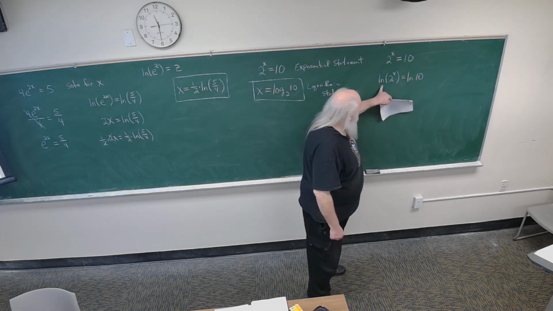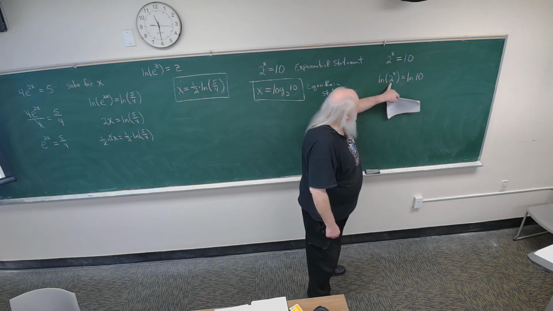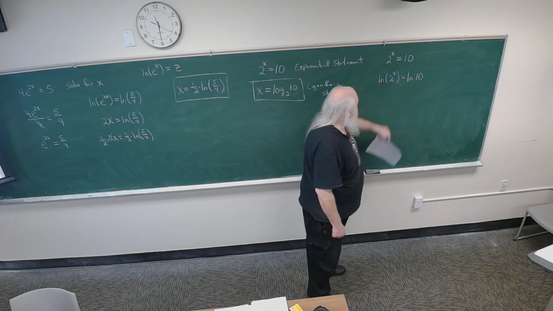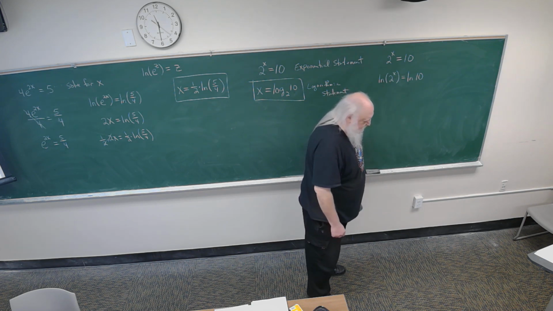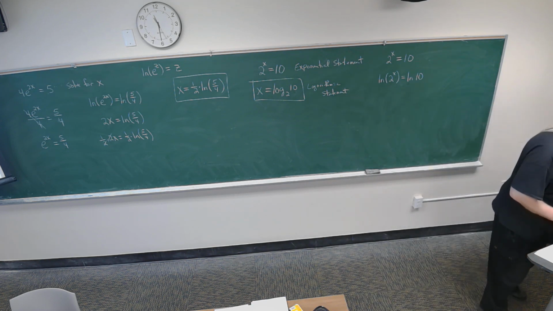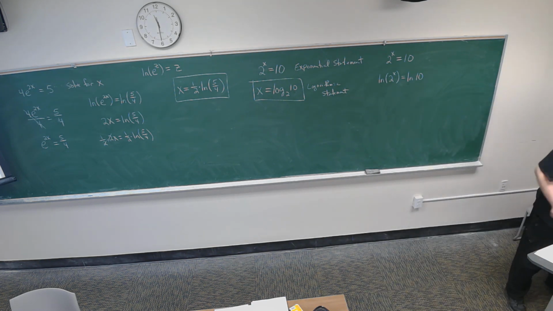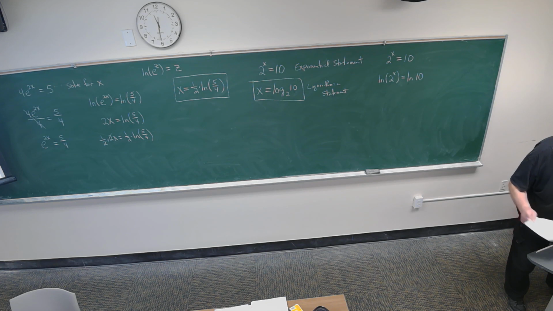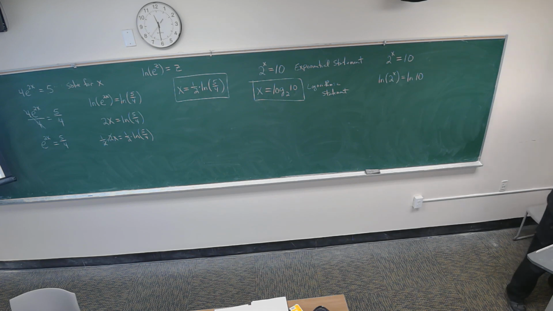Well, by the property of the natural log function, you know that the natural log of 2 to the x, or, excuse me, that's coming out wrong. By the power rule, from the laws of logarithms, right?